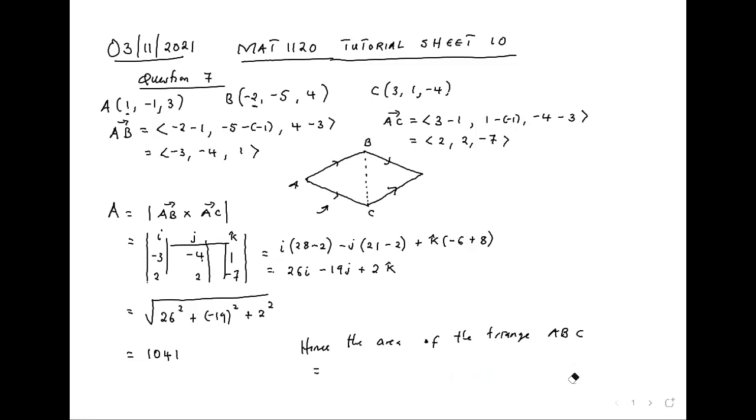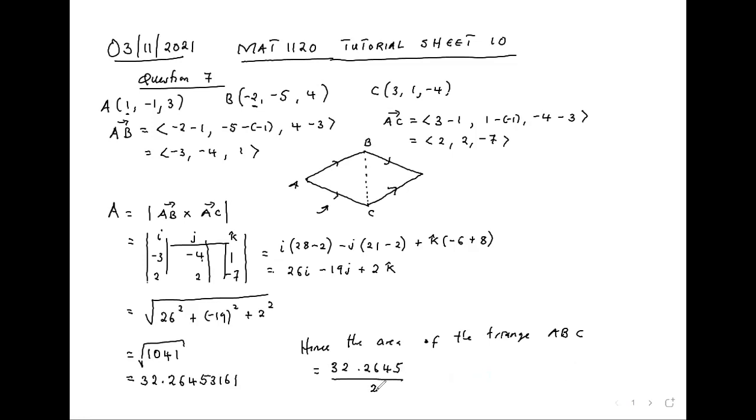So the square root of 1041 is equal to 32.2645, and so on. Then we divide by 2, then we'll get the area. So we're seeing 32.2645.